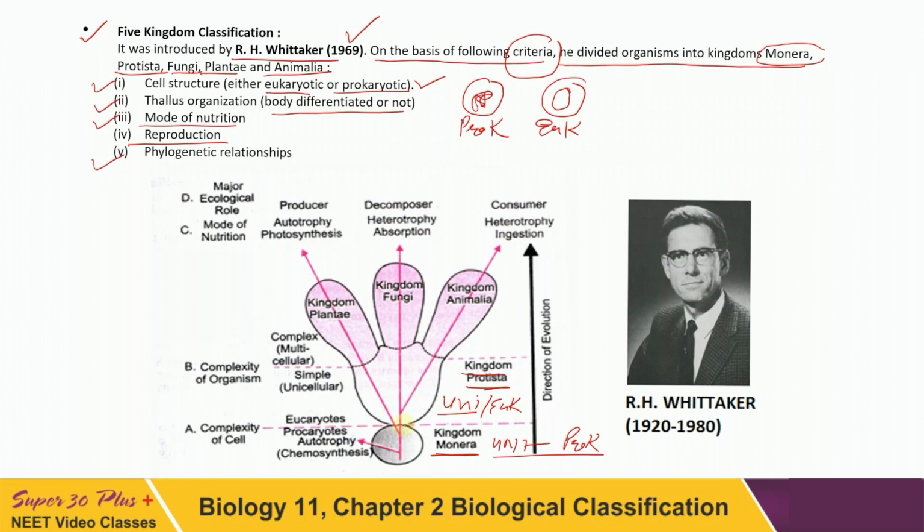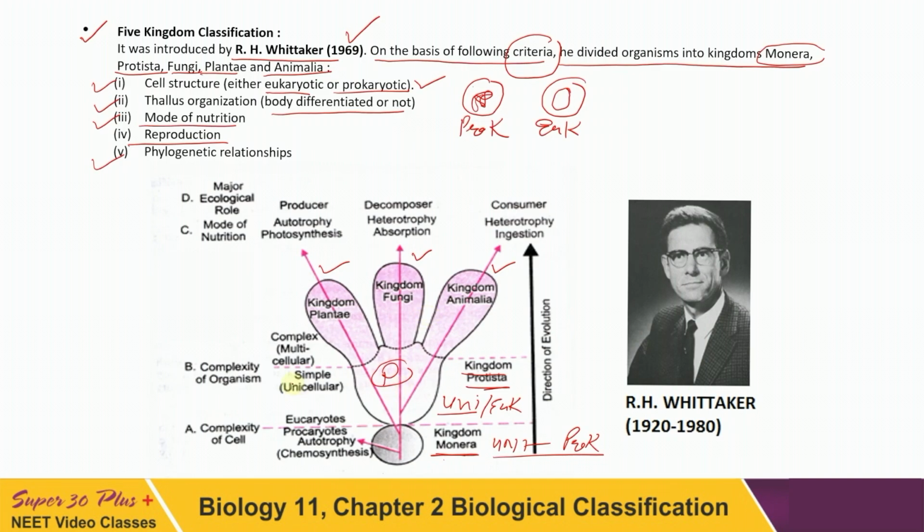From Protista, three multicellular kingdoms have evolved: kingdom Plantae, kingdom Fungi, and kingdom Animalia. Therefore, we can say that kingdom Protista is a link between the unicellular prokaryotic kingdom Monera and the multicellular kingdoms.